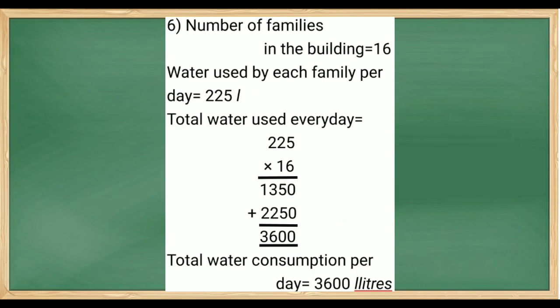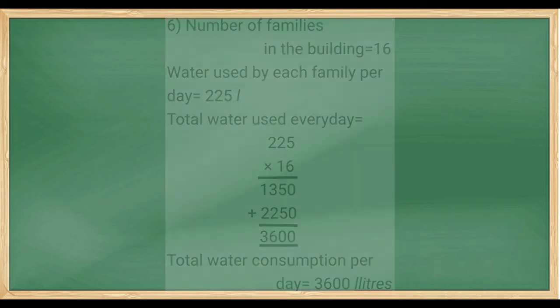So, to begin with, let us note down the information given to us, then find out the total quantity of water consumed per day by multiplying 225 by 16, which will give us the product 3600.